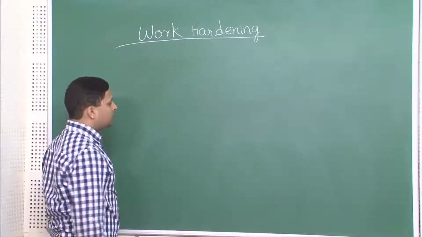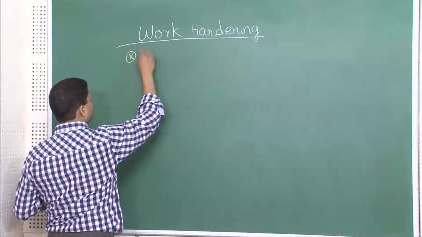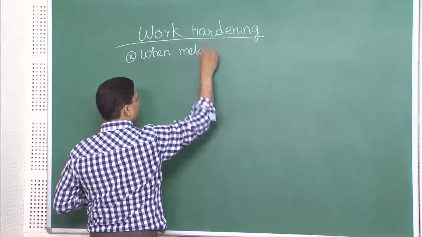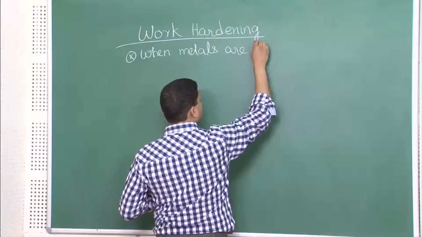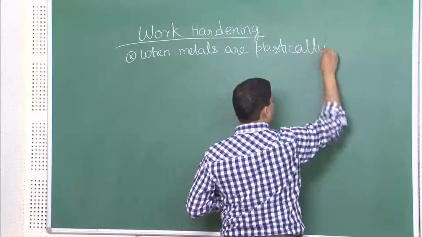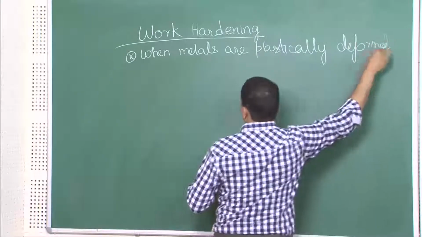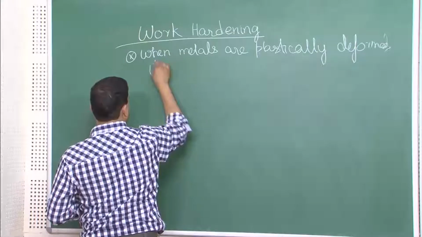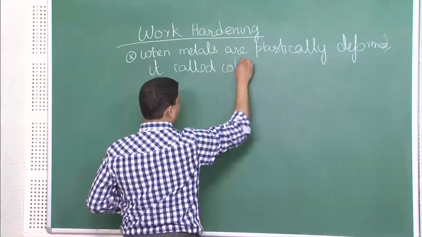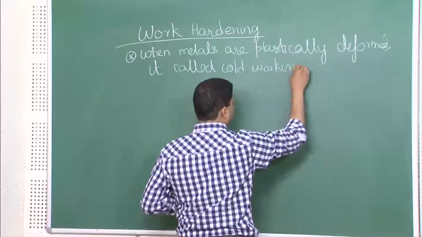So, whenever metals are plastically deformed, it is called cold working, provided the temperature is less than 0.3 Tm.